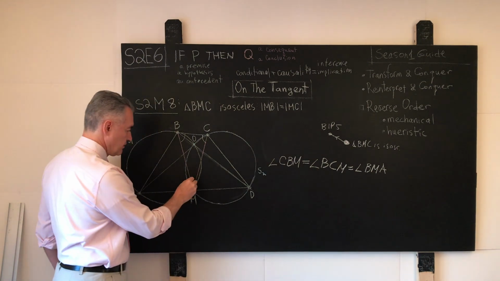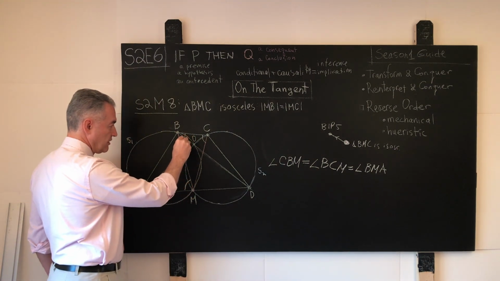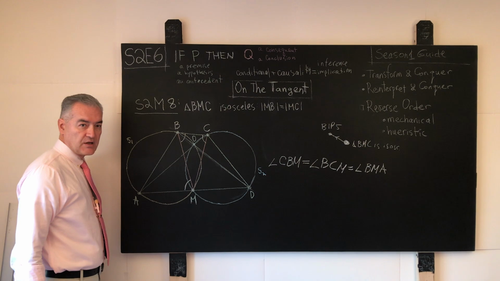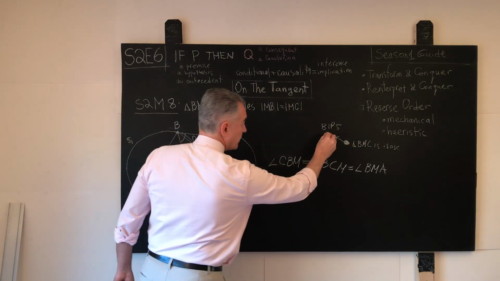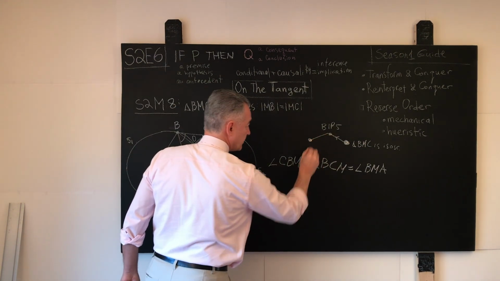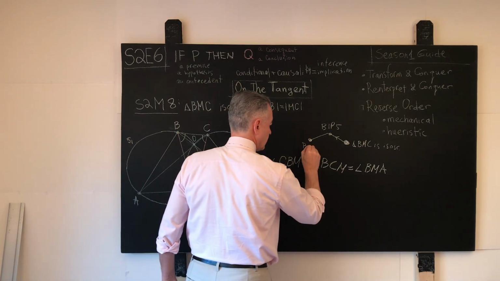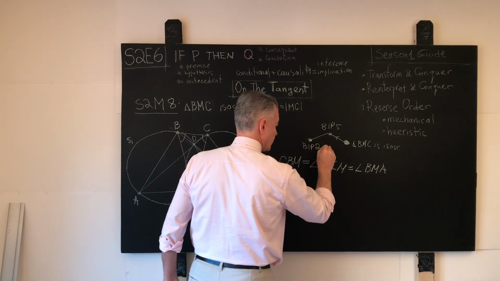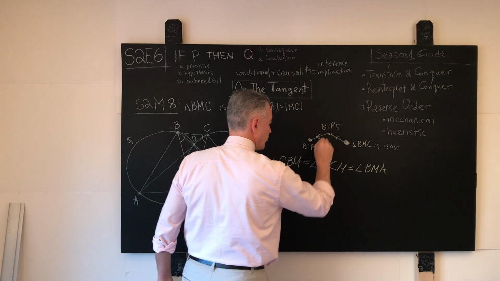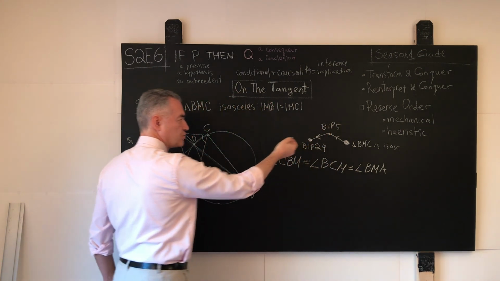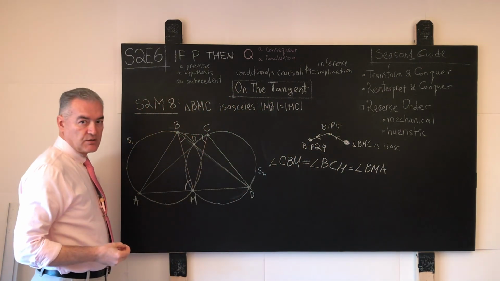Very well. This angle and this angle must be equal. So we'll depict this proposition, Book 1, Proposition 29, as another point in our reverse order reasoning.